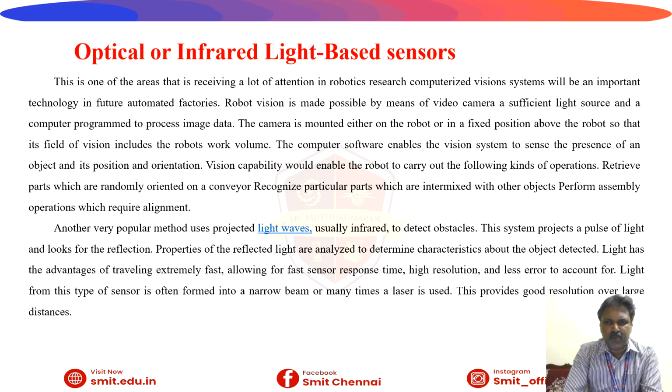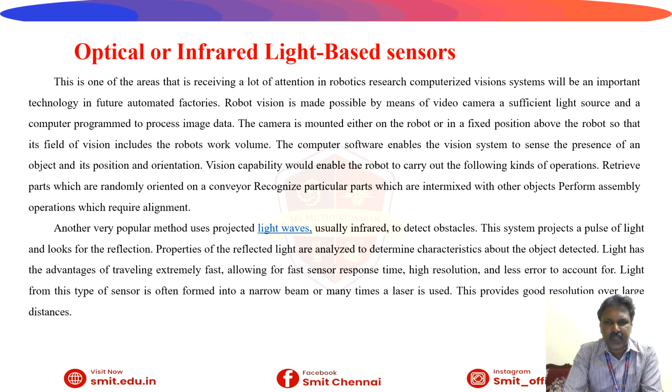Robot vision is made possible by means of a video camera, a sufficient light source, and a computer program to process image data. The camera is mounted either on the robot or in a fixed position above the robot, so that its field of vision includes the robot work volume. Work volume was already seen in unit 1, that is the workspace in which the robot is working.